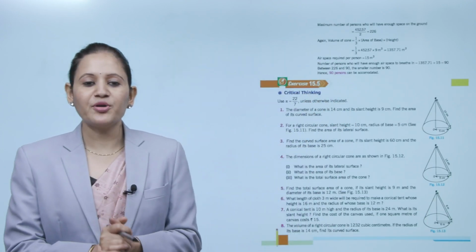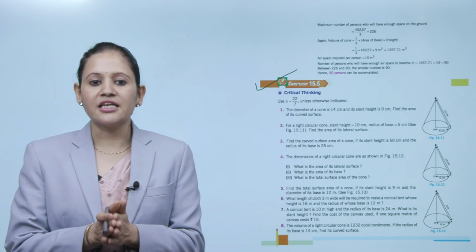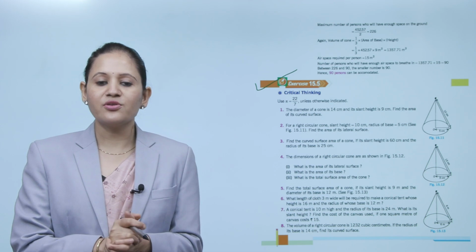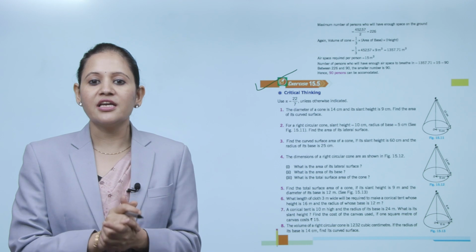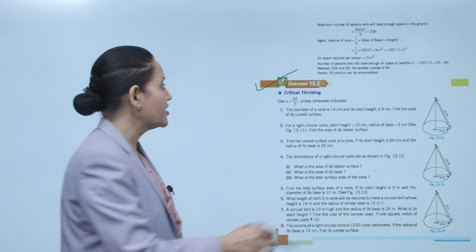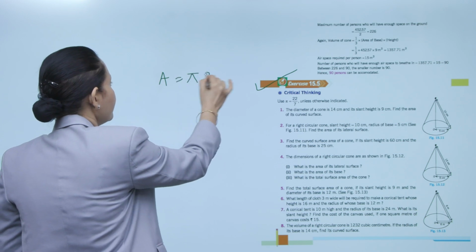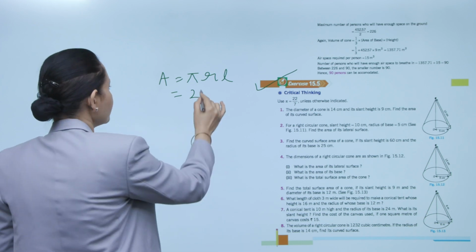Next is exercise 15.5. Critical thinking. Use pi as 22 upon 7 unless otherwise indicated. The diameter of the cone is 14 centimeter. Slant height is given as 9 centimeter. Find the area of the curved surface. So area of curved surface will be pi r L. Pi we will take as 22 upon 7.